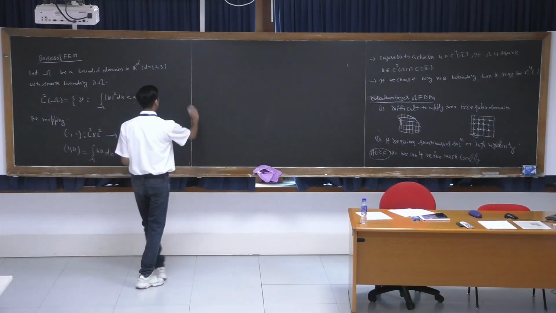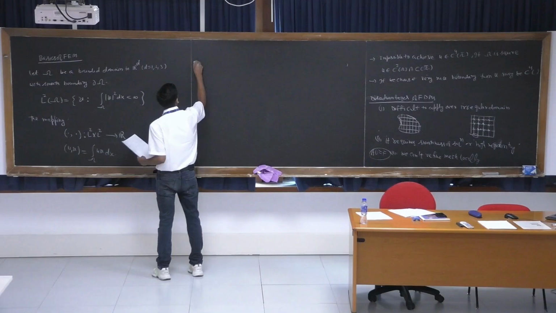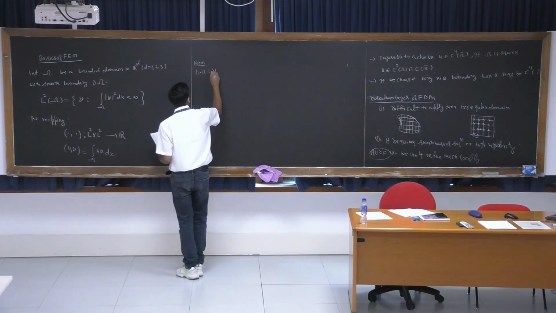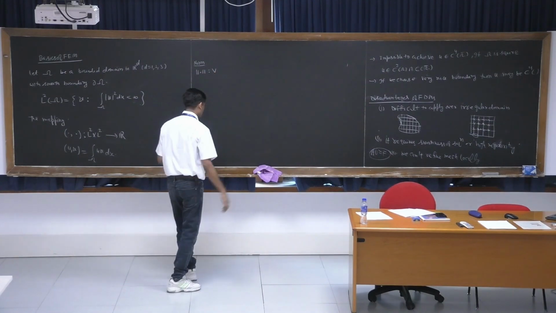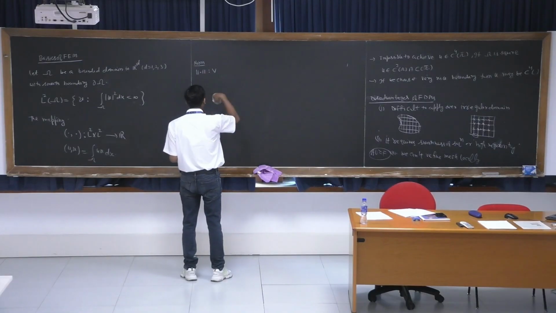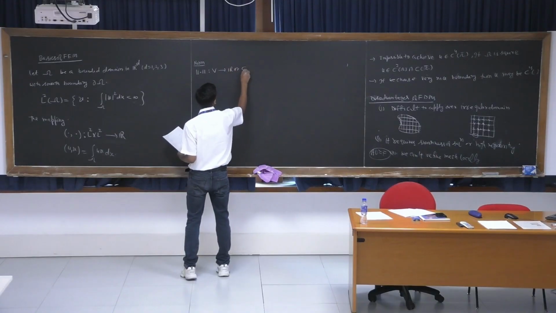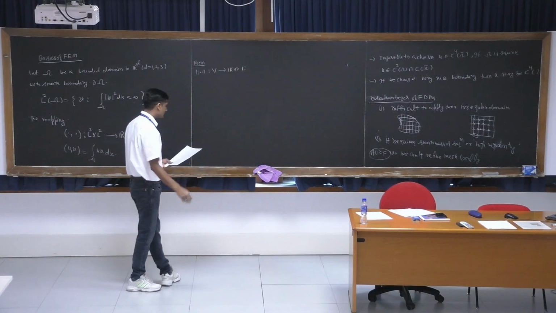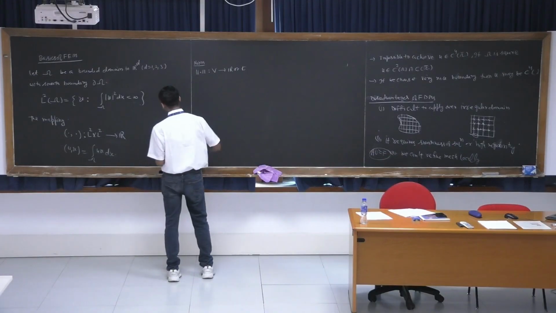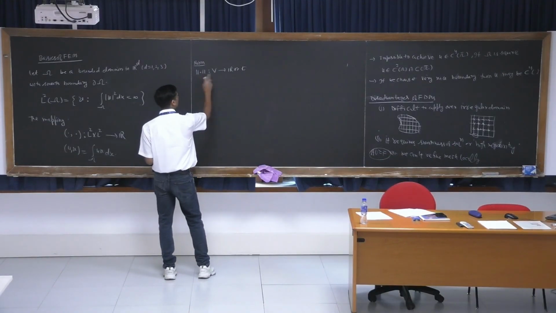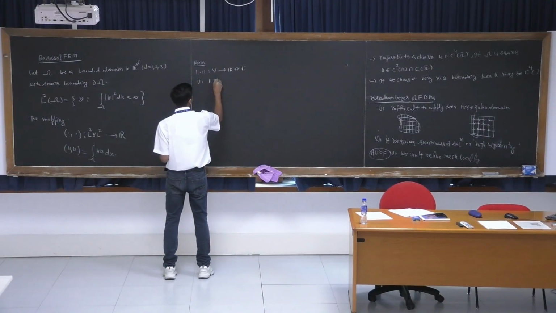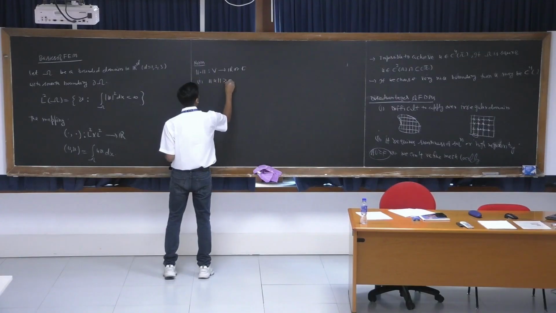Before this, I am just telling you what the norm is. If you remember, a norm is a function from some vector space to R, or sometimes C also, where C is the complex numbers and R is the set of real numbers. If this function satisfies some properties, we can say it is a norm.